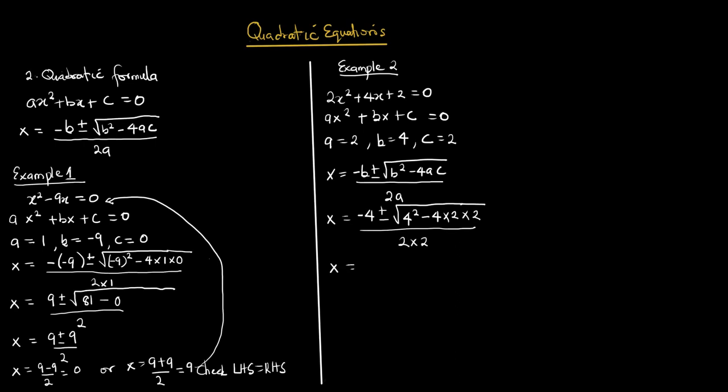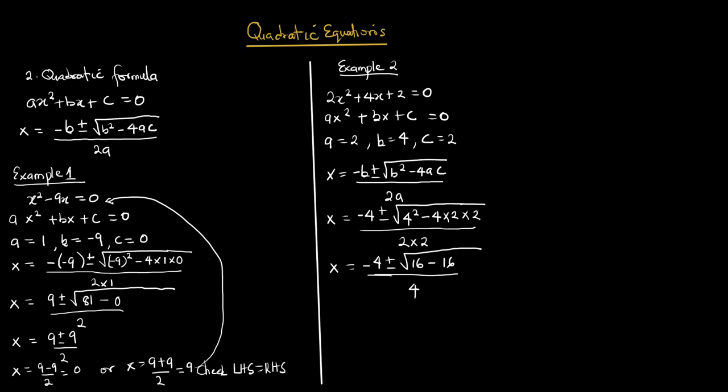So clearly x is equal to minus 4 plus or minus the square root of, we're having 4 squared, which is 16, minus 4 times 2 is 8, times 2 is again 16, divided by 4. Okay, good.